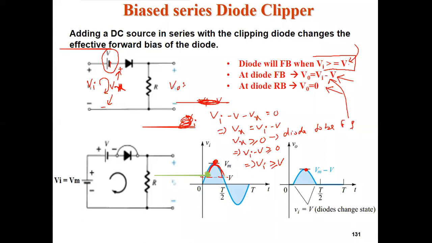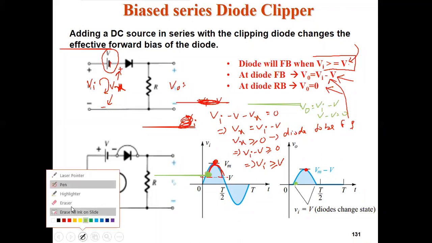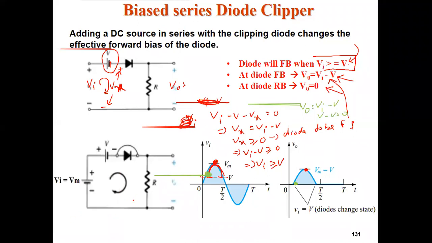When the input is V, the output is 0, because it is V minus V, since your V0 equals Vi minus V. At the green dot, Vi is V, so V minus V equals 0. So here the output is 0. For every other point, that means when the input is below that dotted line, or when the input is less than V, the corresponding output will be equal to 0. So that's why here you can mark the outputs as 0.